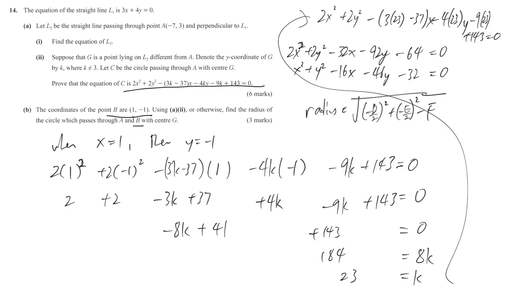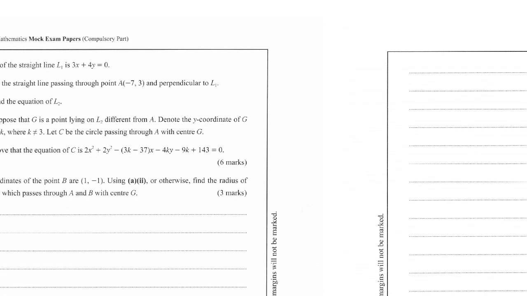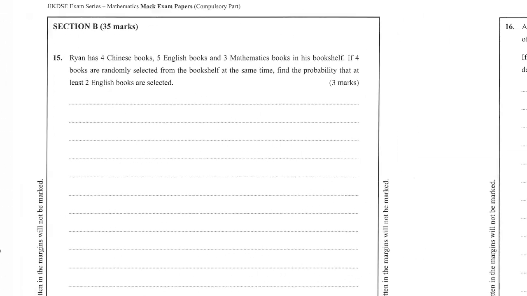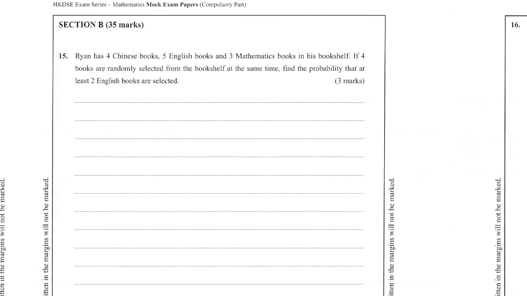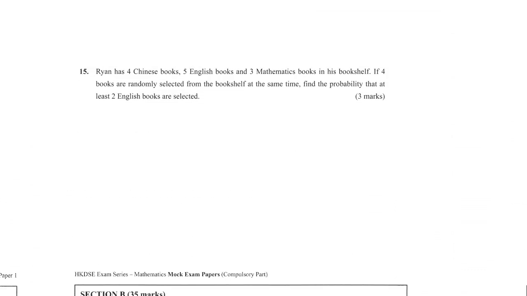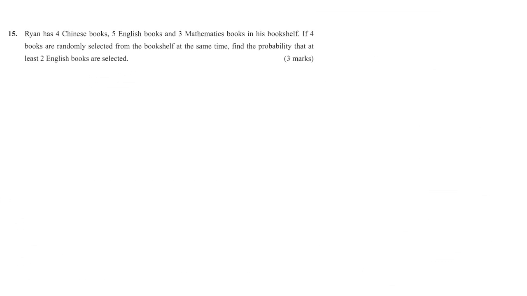I want to go through more parts. So 15. Is that difficult? It's not really difficult. The key point is that at the same time, we are going to use combination or permutation.